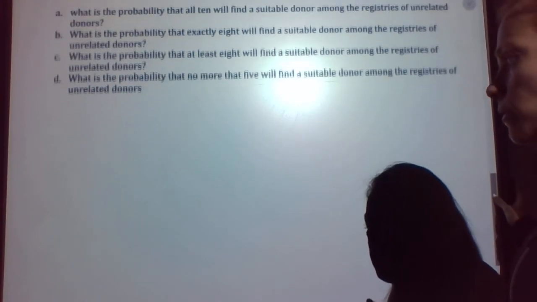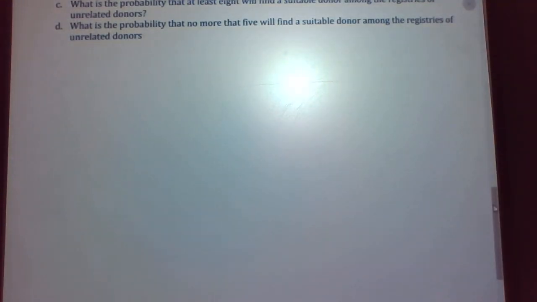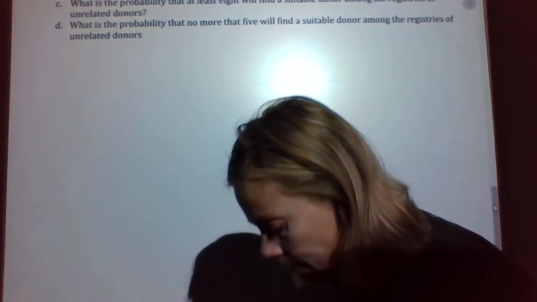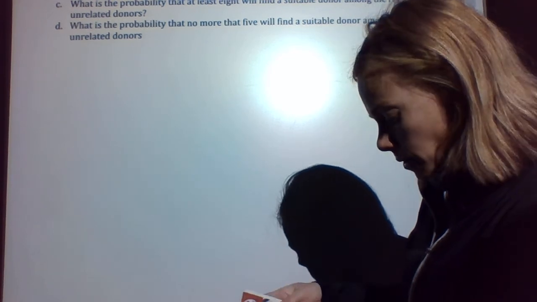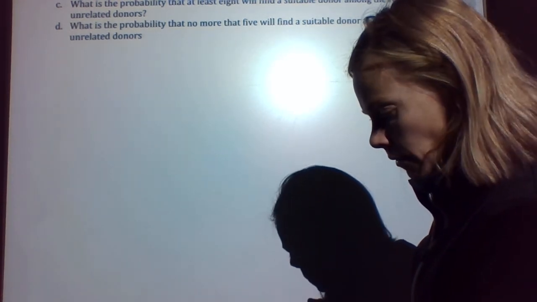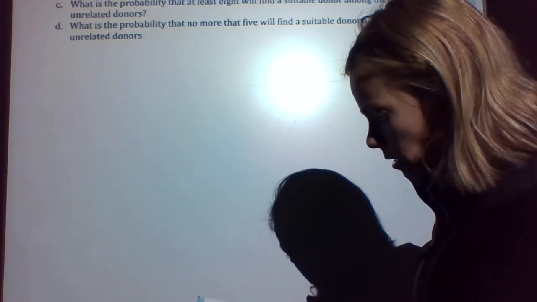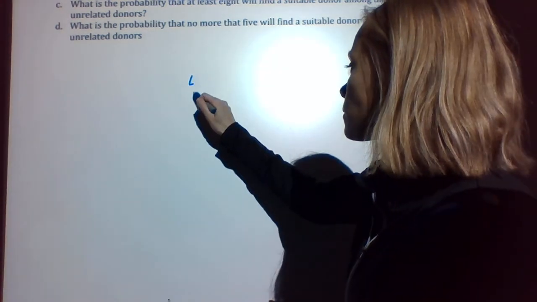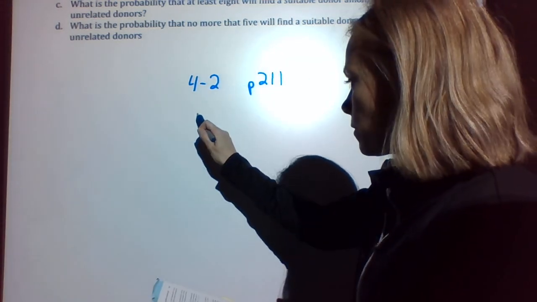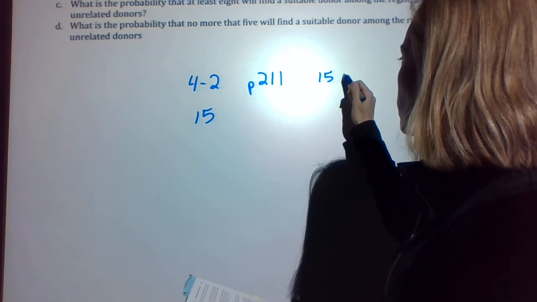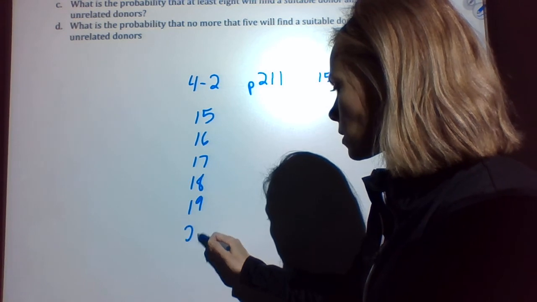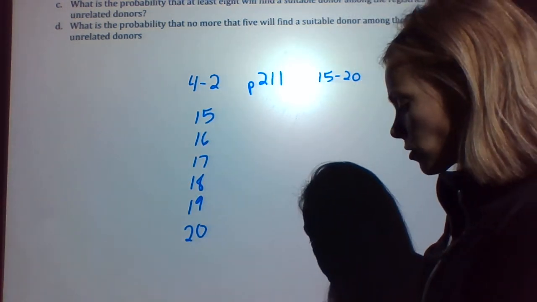So if you look in your book, on 4-2, page 211, you are going to do 15 through 20. But like I said, I'm going to change the probabilities.